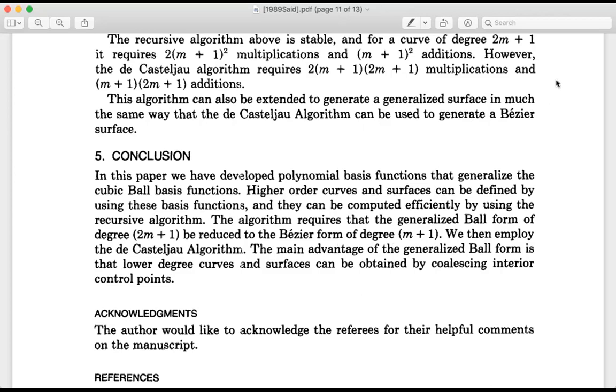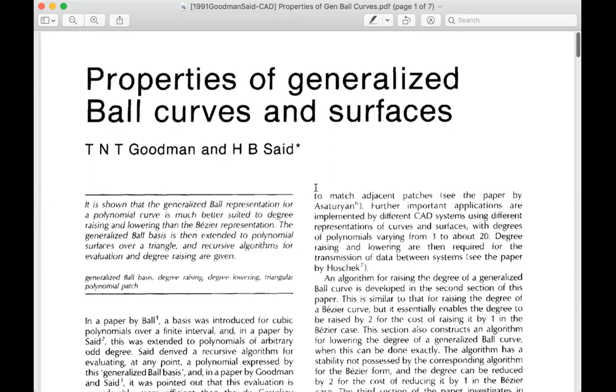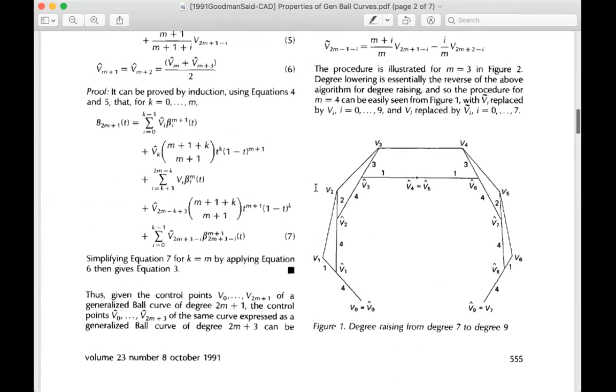Okay, so let me bring you back to 1989. And this is 1991. Said and Goodman tried to develop the properties of generalized Ball curve and surface.